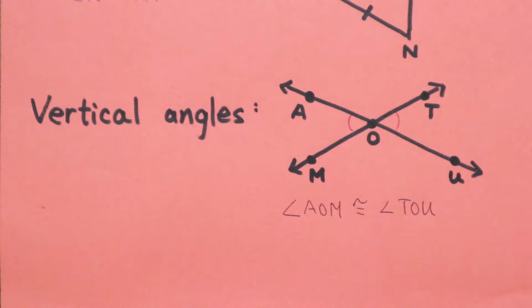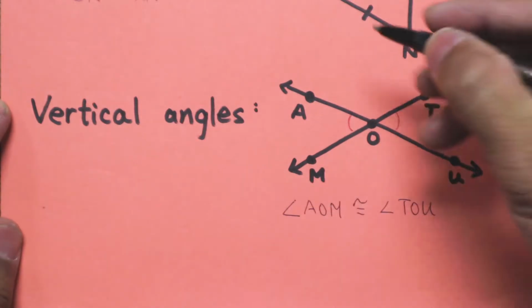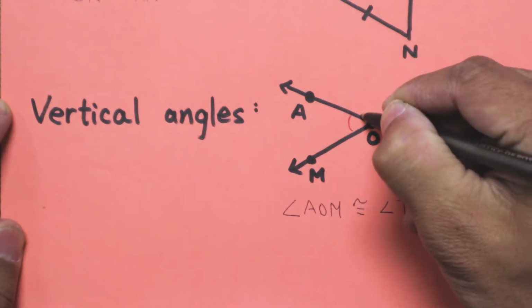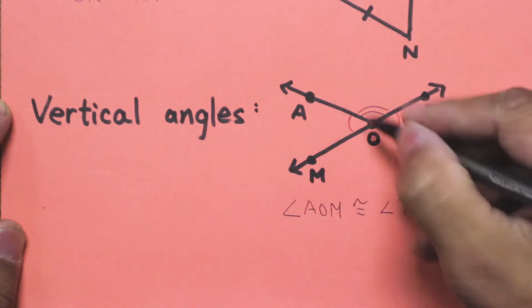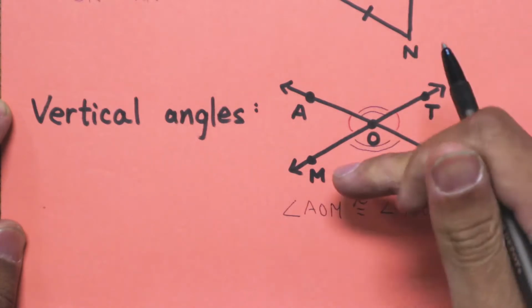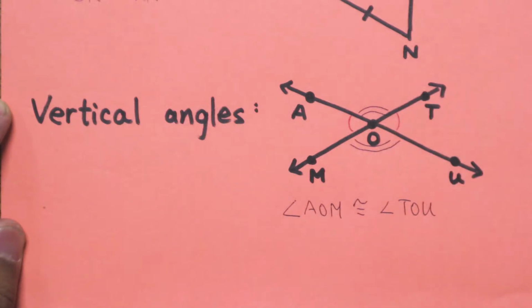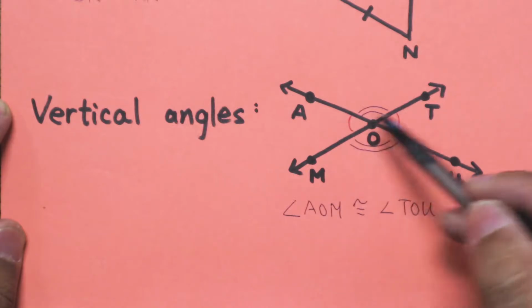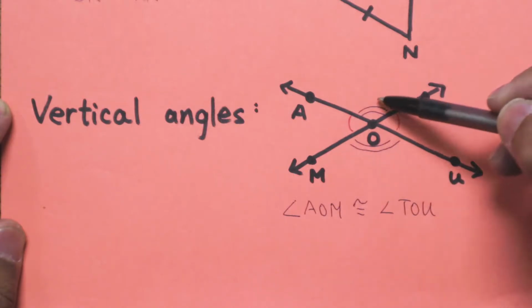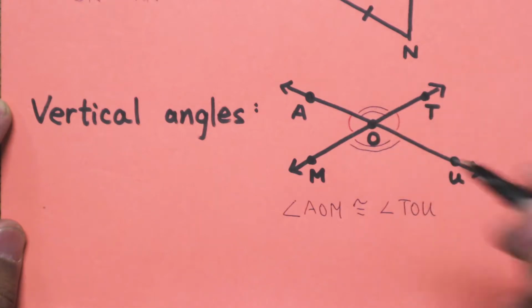And likewise, it doesn't have to be left and right. It could be top or bottom. So for example, angle AOT is also congruent to angle MOU, and these two angles are also vertical angles. So you have two pairs of vertical angles, one pair in red ink and another pair in black ink.